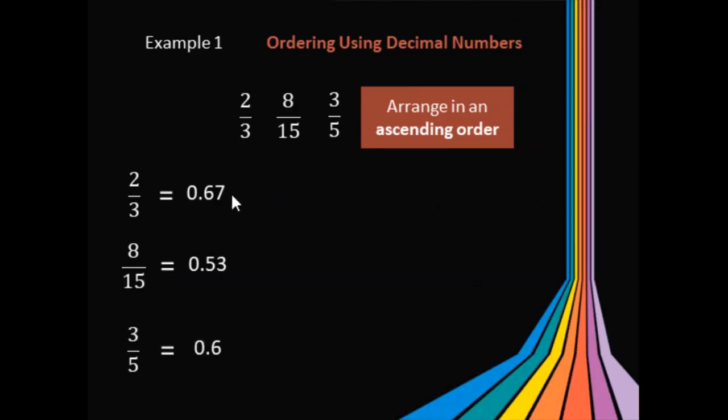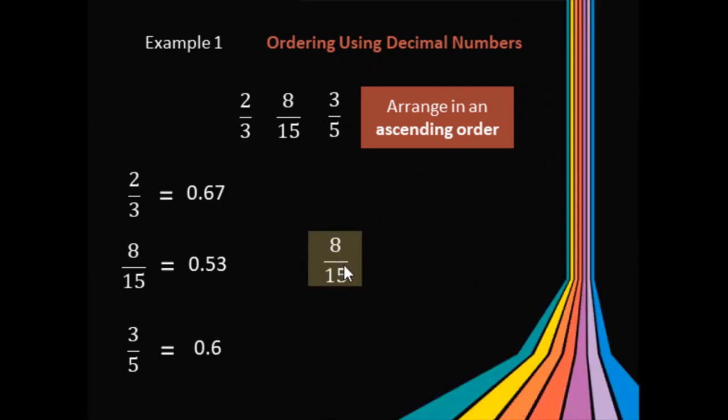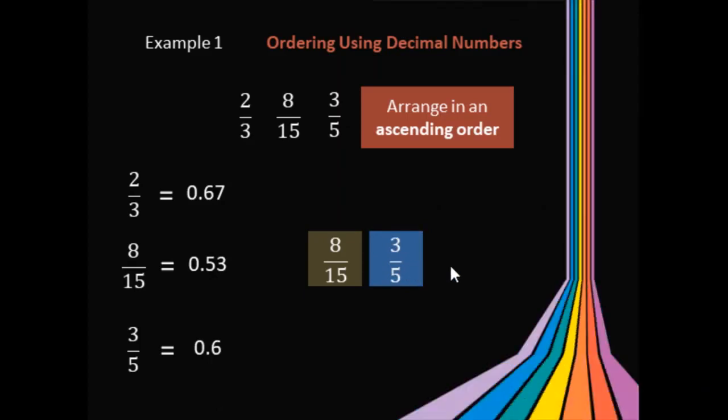Now we are ready to arrange the fractions in ascending order, or from lowest to highest. What fraction is the lowest based on the decimal numbers? Alright, very good. It's 8/15, followed by 3/5, and lastly is 2/3.